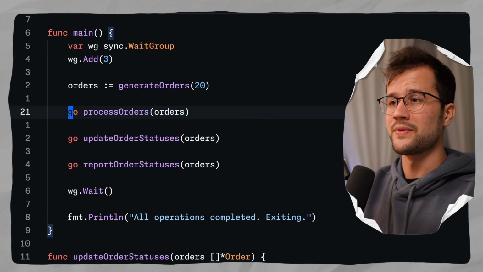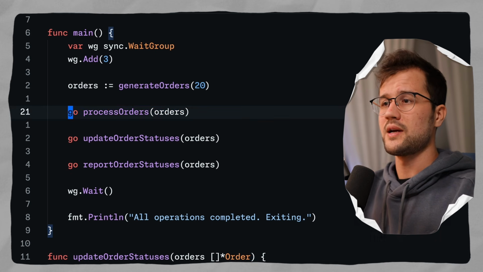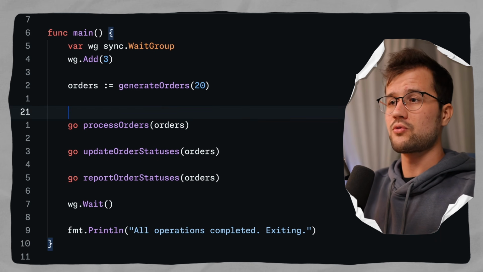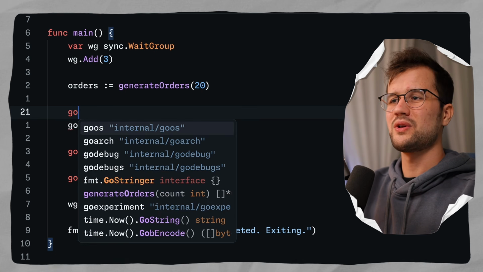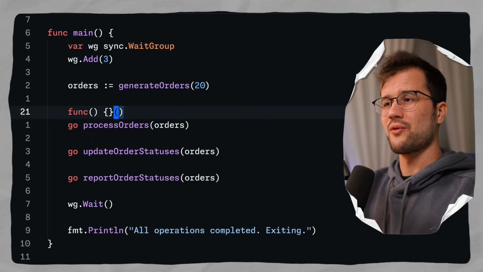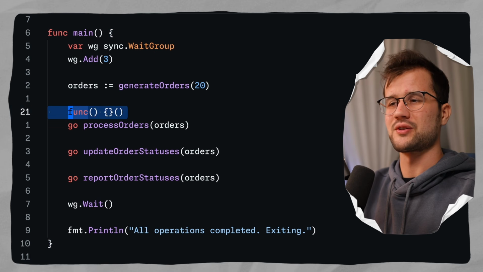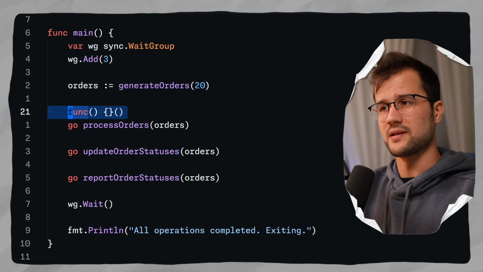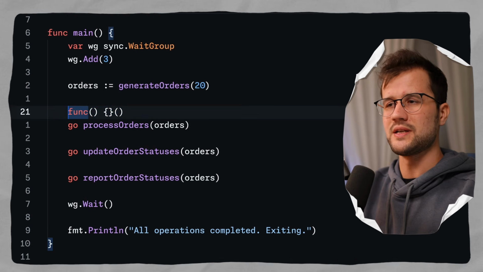What we can do is, this is not the only way we can spawn Goroutines. Right? So what we could do is to create an anonymous function as well. And this anonymous function will be directly executed, right? So what we can say is func, and then with these 2 round brackets or parentheses, this anonymous function is getting executed immediately. And what we can do is we can spawn this function as a Goroutine as well.